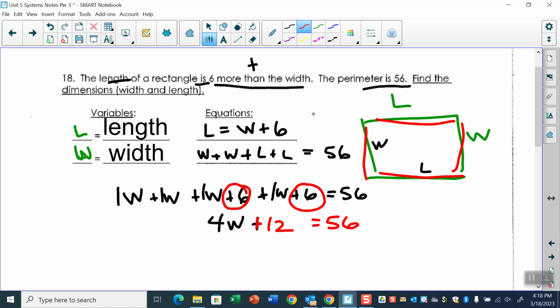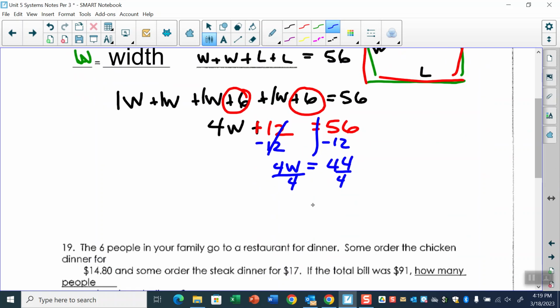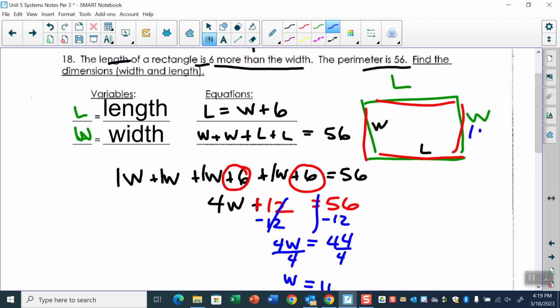That's the perimeter. And then now I'm going to minus the 12. Boom. So I get 4W equals 44. Divide by 4. So W is 11, so that's 11 and that's 11.